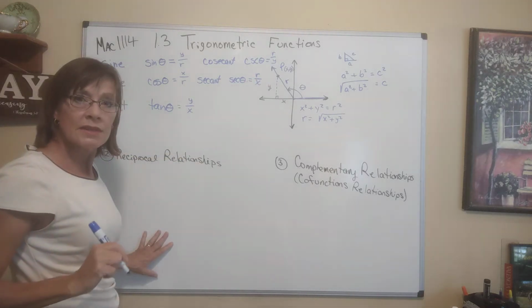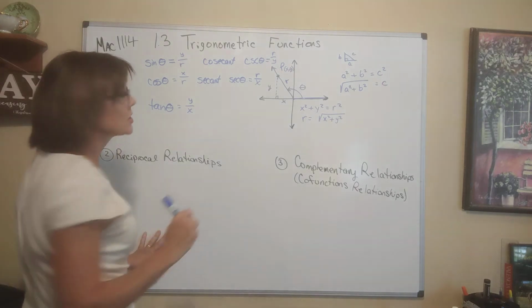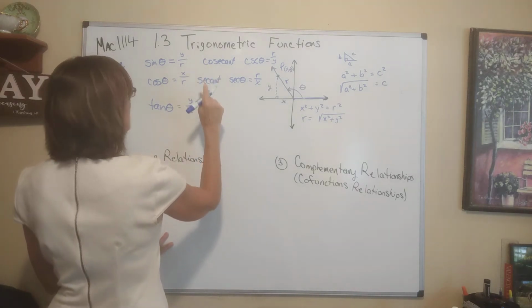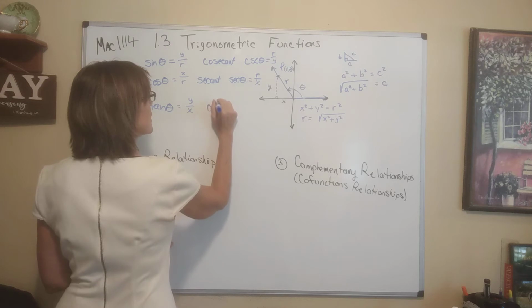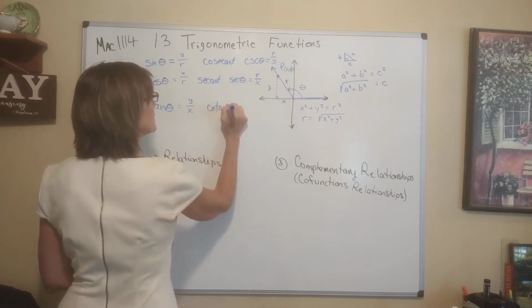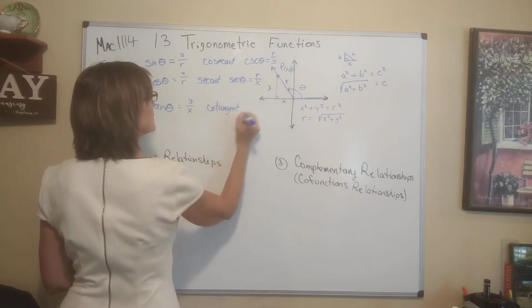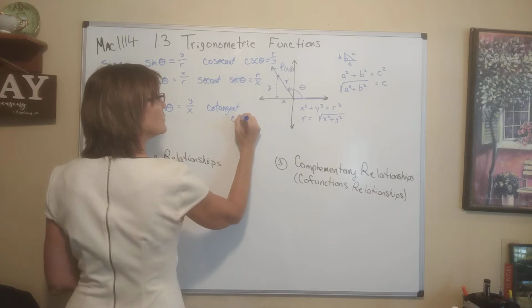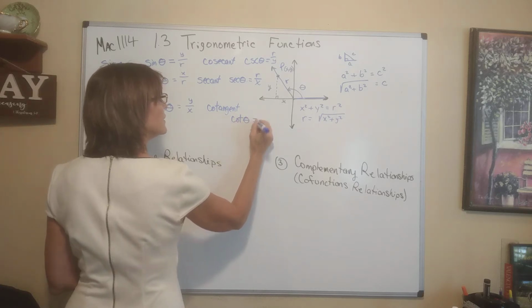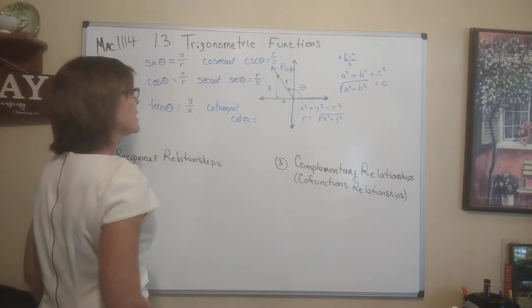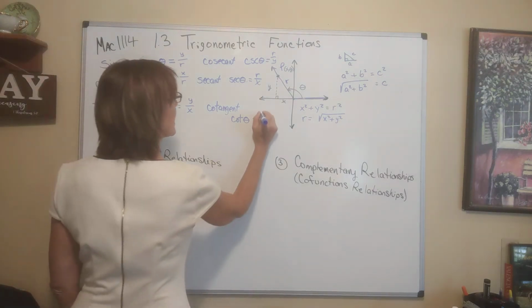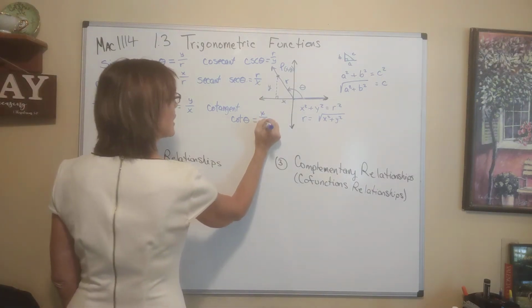And the last one, the sixth one, is called the cotangent, abbreviated COT of theta. The cotangent of this angle theta is defined to be x over y.